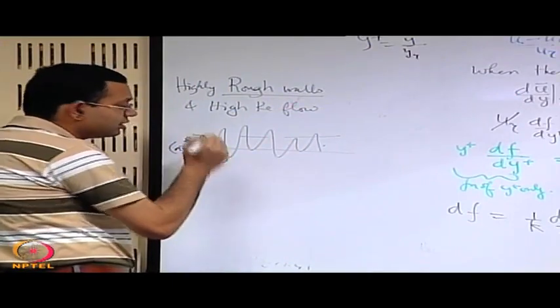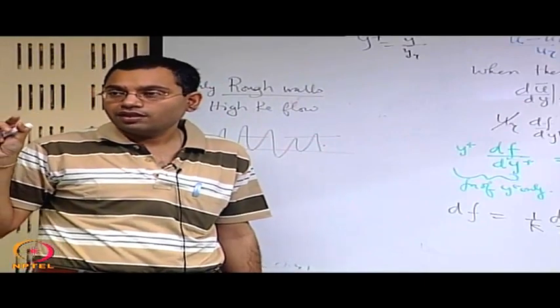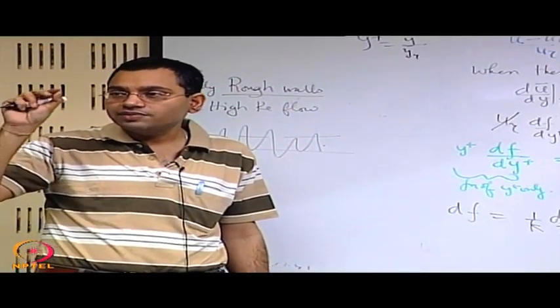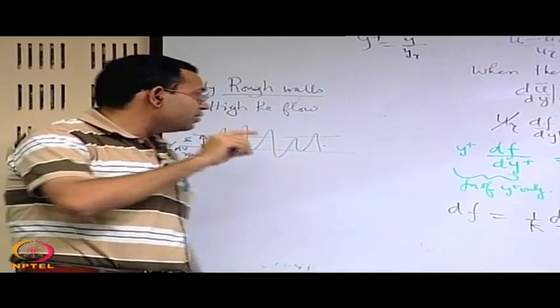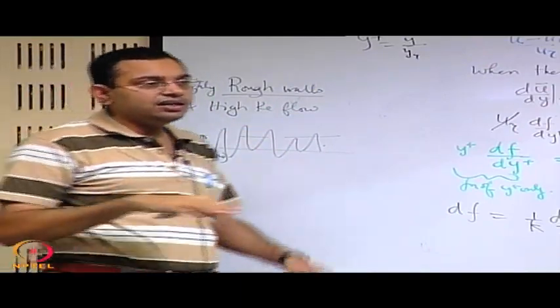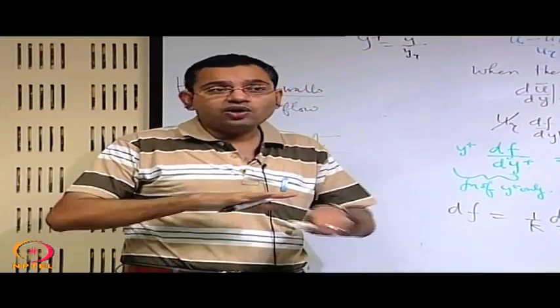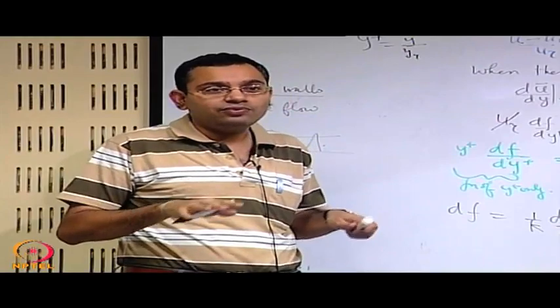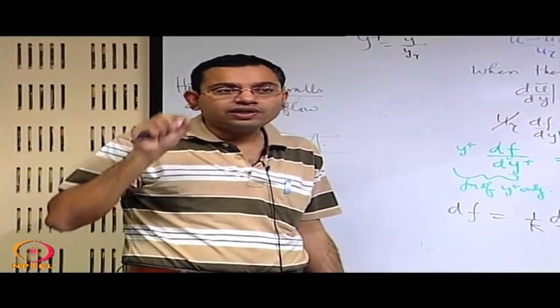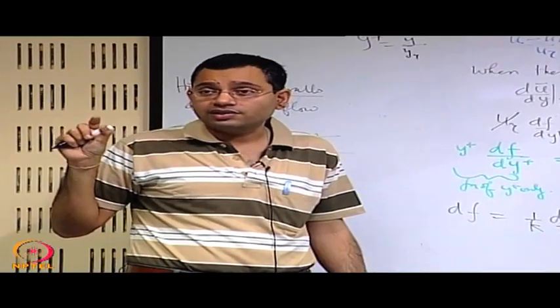This is much greater than the thickness of the viscous sublayer. The viscous sublayer is very thin, and when the roughness is much larger than the viscous sublayer, it almost nullifies the effect of the viscous sublayer. So what dominates the behavior close to the wall for a very rough wall is not the viscous sublayer but the wall roughness.